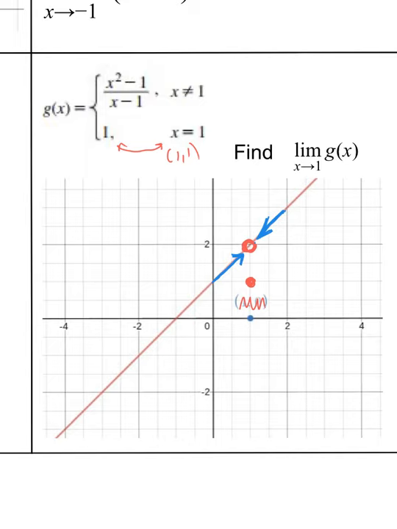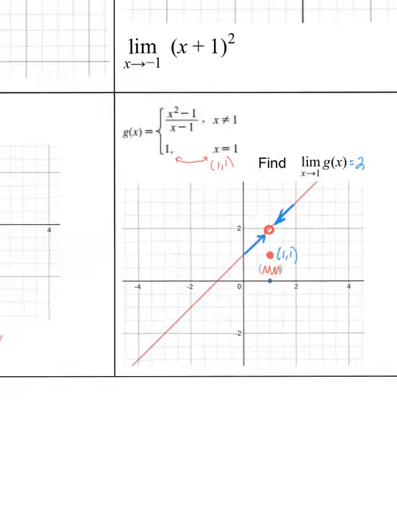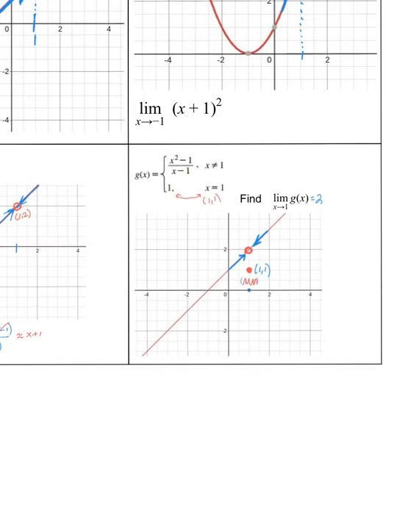It doesn't matter that your actual point is in a different place. The limit would still be 2, because that's what you're approaching on both sides of 1. That's different than if they asked you for g of 1. Well, that's a different story. g of 1 is actually equal to 1, because that's where the point is located.